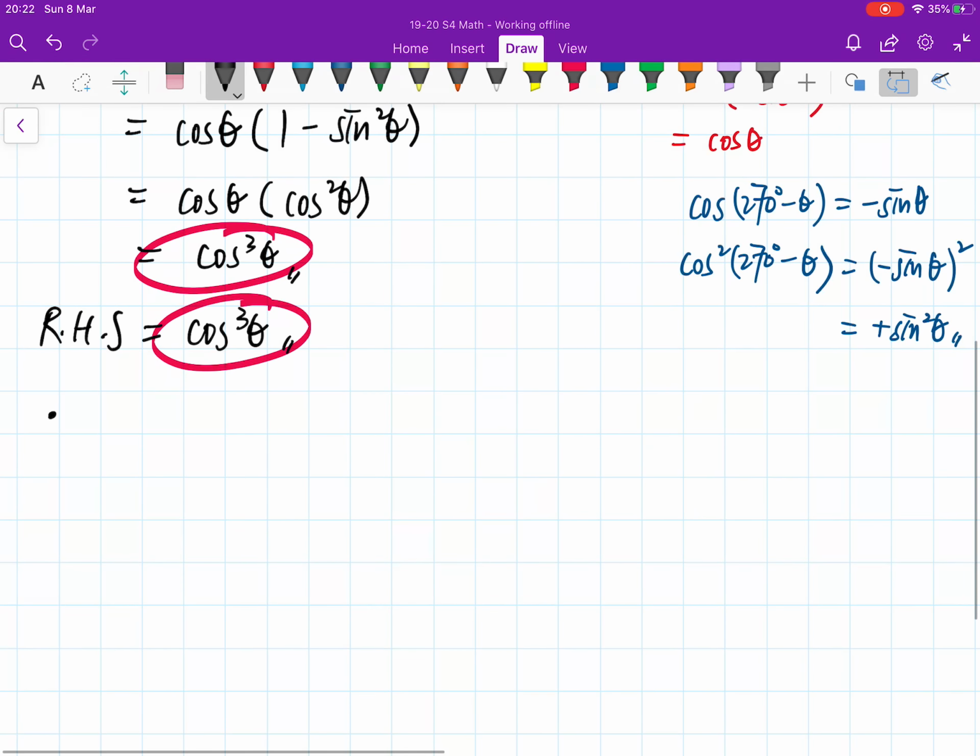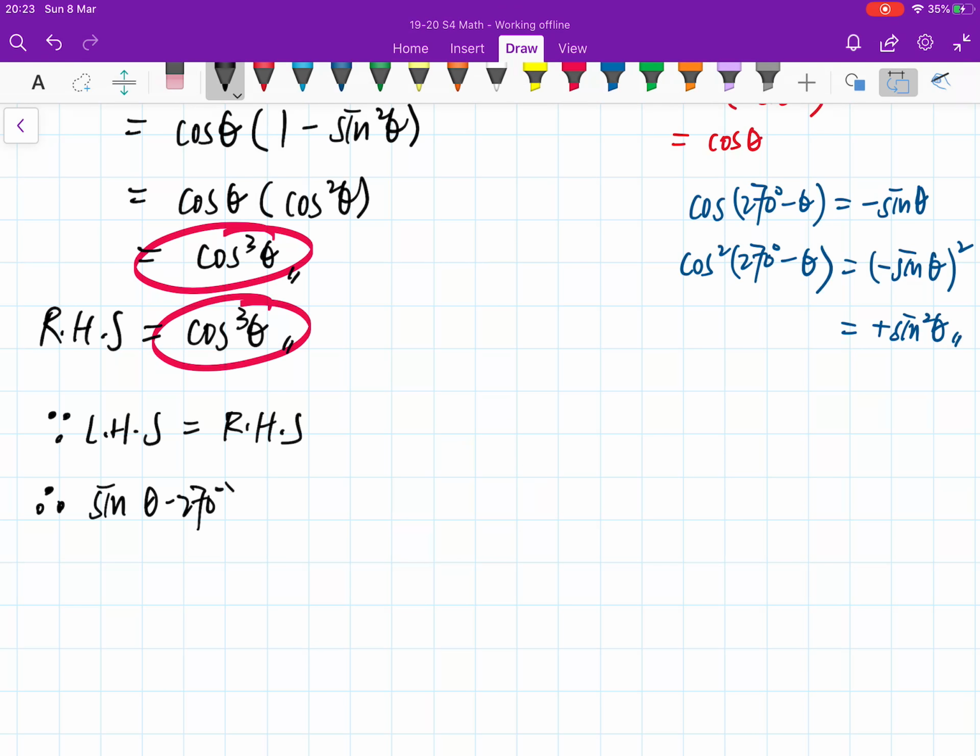Then we can draw the conclusion, because left hand side equals to right hand side, so we can rewrite the identity. Okay, and this is the result, and this is the answer and the steps for this question.